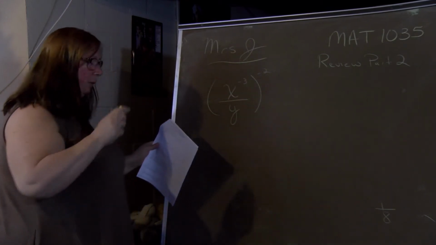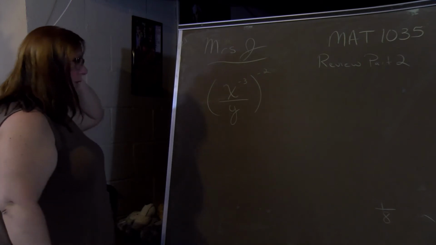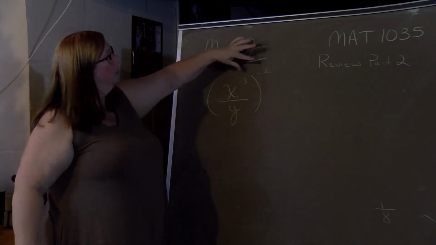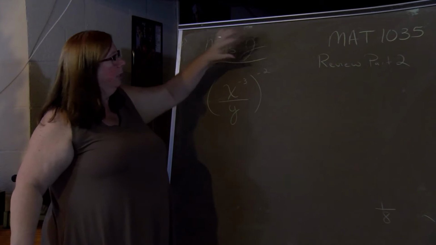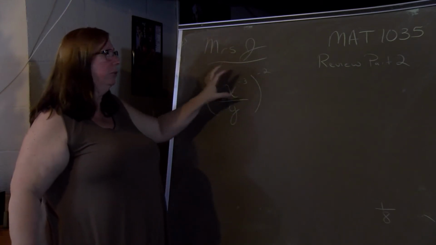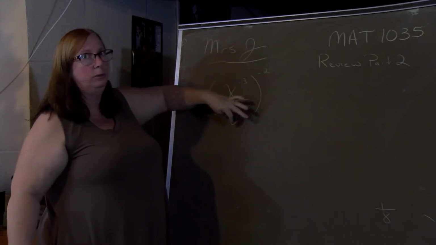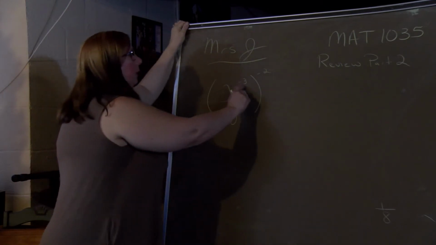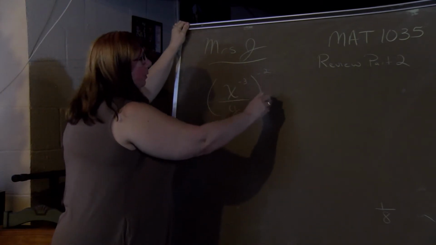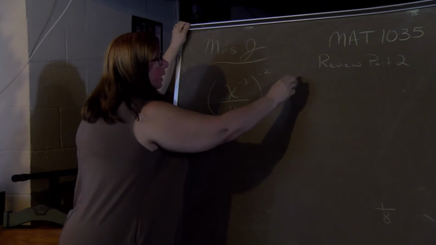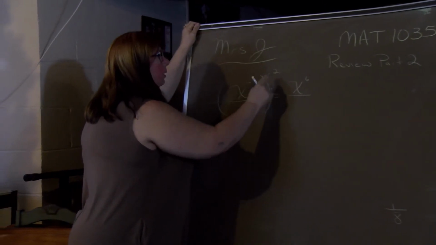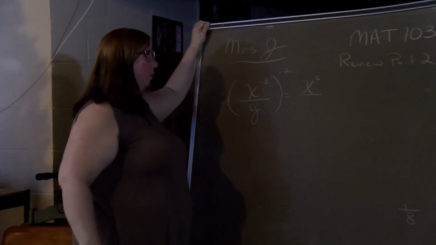Okay, let's try a couple that are a little bit harder. So this would be exponent to an exponent. And because this is all multiplication or division in here, you can distribute it. So -3 times -2 is x to the 6 over, when there's no number, remember it's a 1.